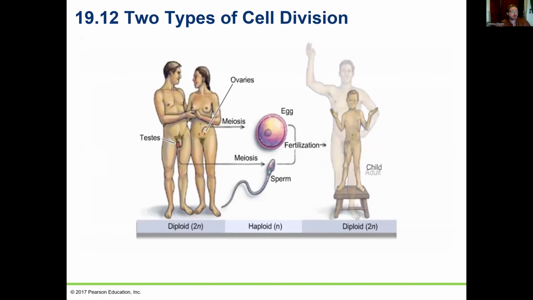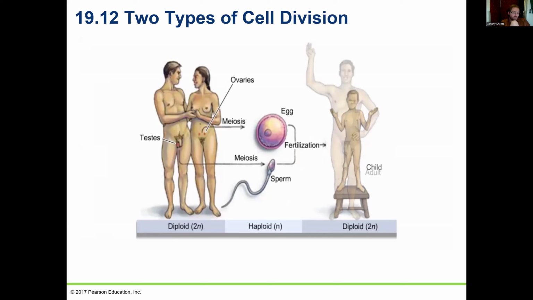So as is demonstrated here, when we undergo sexual reproduction, we produce gametes that have one copy of our DNA. Now, that could be any sort of recombination from the parental DNA, but the one copy is going to be passed on in the form of sperm in the case of a male or an egg in the case of a female.